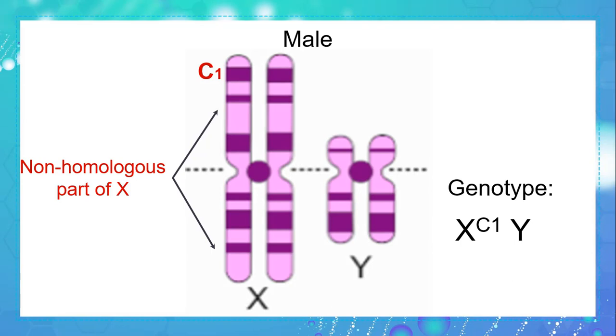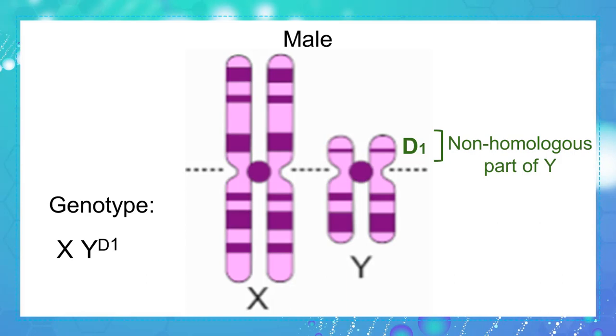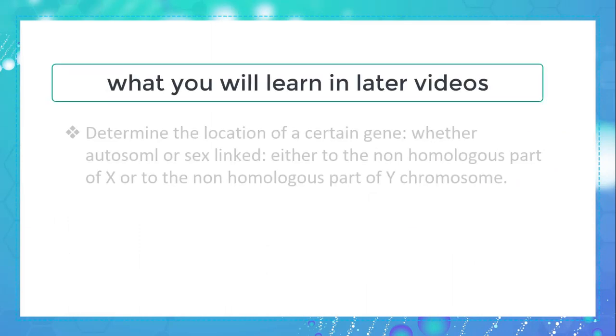It is only carried on the non-homologous part of X. Similarly, if the gene is located on the non-homologous part of the Y chromosome, then the male would have only one allele for this gene as well, and the genotype of this male concerning this gene would be written as follows: XYD1. This time, the allele for the gene is only carried by the Y chromosome and not found on the X chromosome. So far, those are the basics that you need to know before starting this chapter.